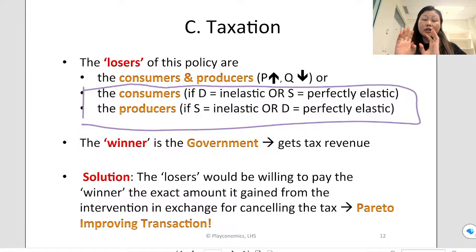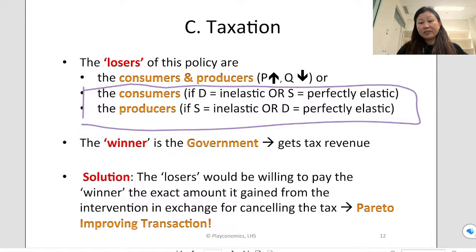Let's say that the losers, our consumers and producers, take $100 million and give it to the health advocates to run their program to educate people to drink less soft drinks. And we lobby the government on both sides to cancel the tax on sugary drinks. That would be a Pareto improving transaction.